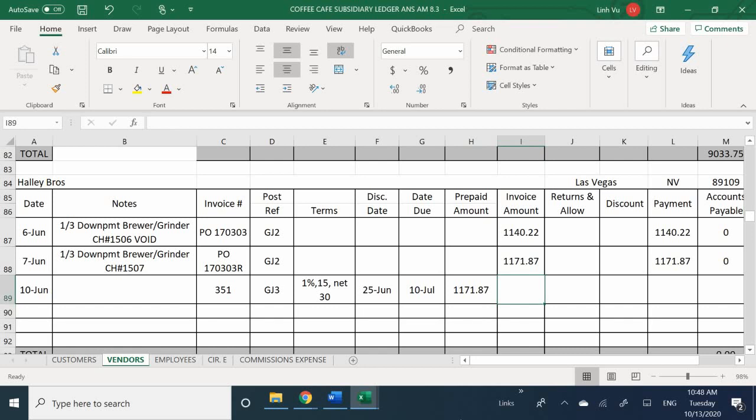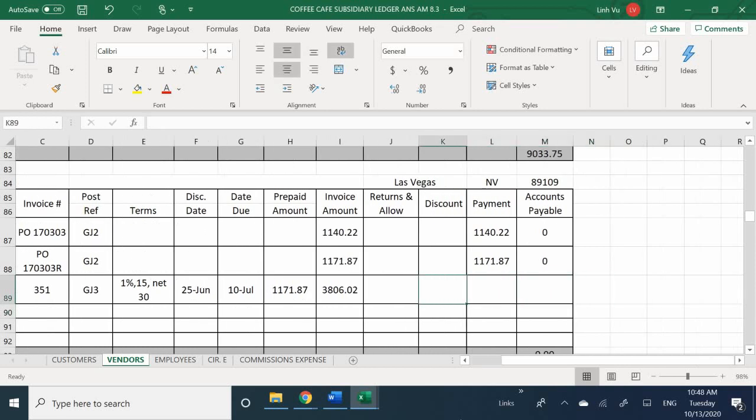Total of 380602. 380602. All right. And I didn't make any payments as of June 10th. So if you were to pull down your formula, it should reflect the actual bill amount of $2,634.12 or 15 cents.